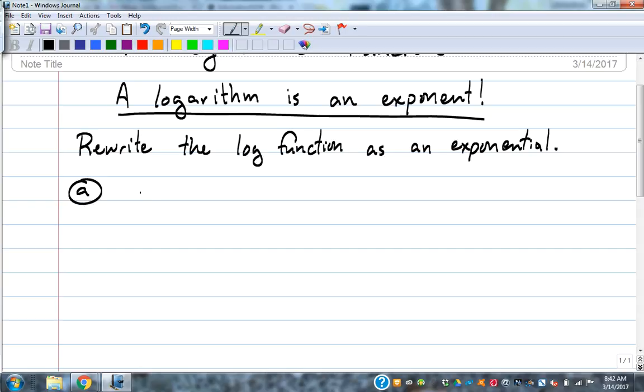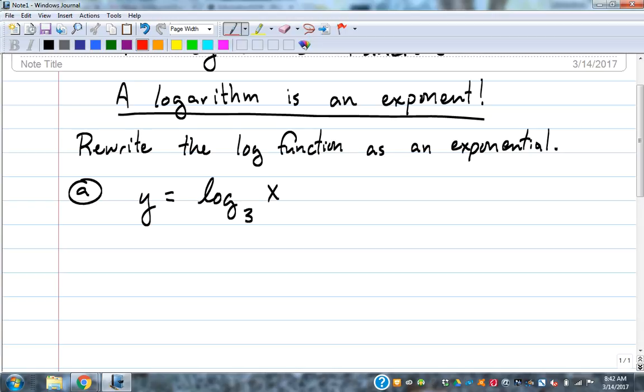So first example, this is kind of the learning example. Y is equal to log base 3 of x. If we're going to rewrite that as an exponential, what you've got to remember is the log is an exponent.